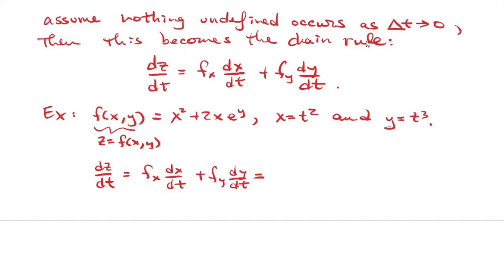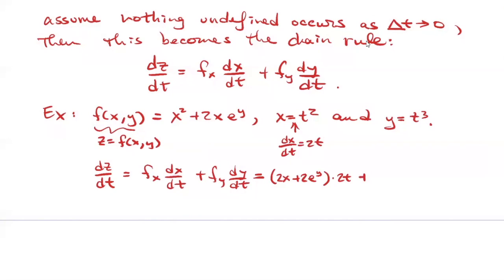So fx looks like it'll be 2x plus 2e to the y. And then that's times dx over dt. Up here, dx over dt is just 2t. So we'll multiply by 2t.